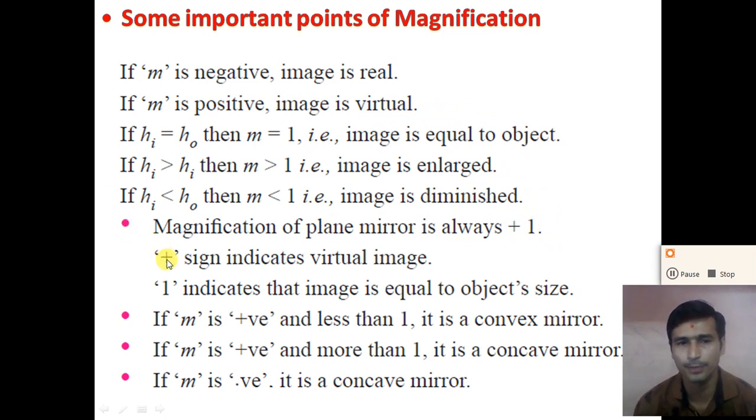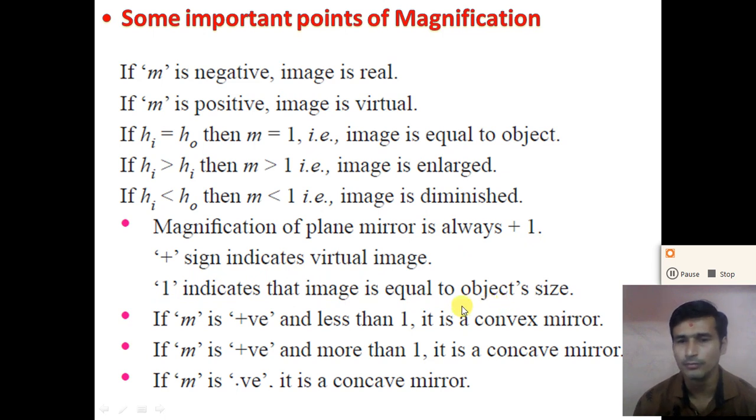So the magnification of the plane mirror is always +1. Plus indicates the virtual and erect image, and the value 1 indicates the image is equal to the size of the object, right?